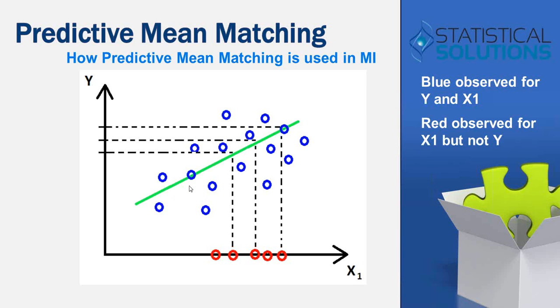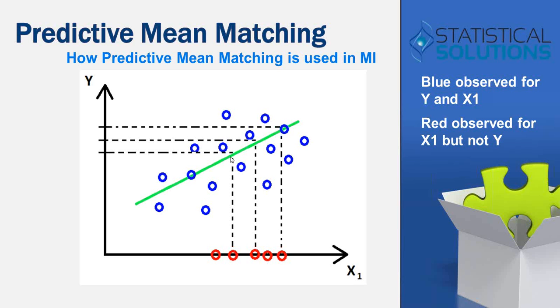So what we do is we fit a linear regression model to the observed data, and then we can plot the missing value for the outcome, but observed for the x1. We can map that up, and we can get a model value for that outcome, for the outcome matched to that covariate value. And this is where the predictive model-based method stops. You would take the value on the line, this model value, and you'd impute that value.